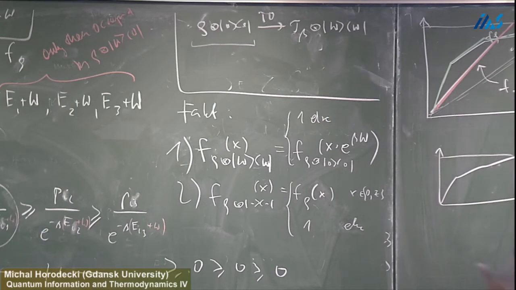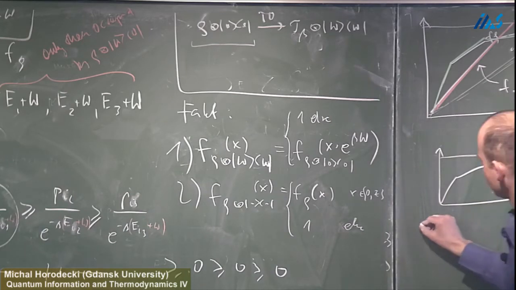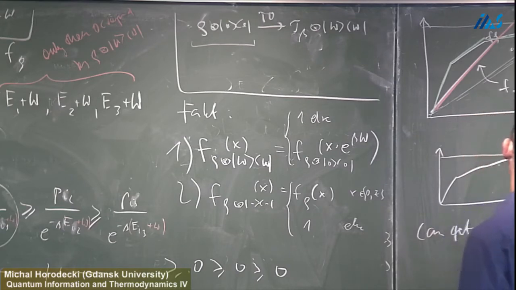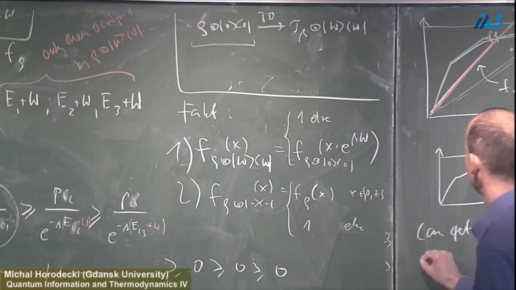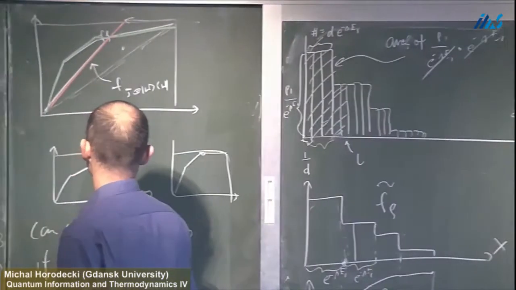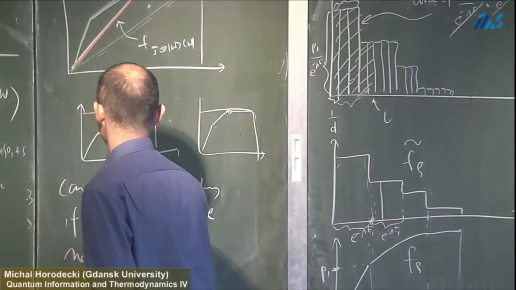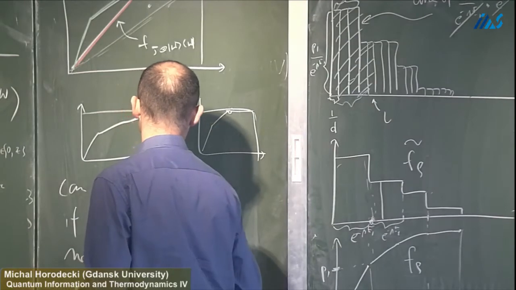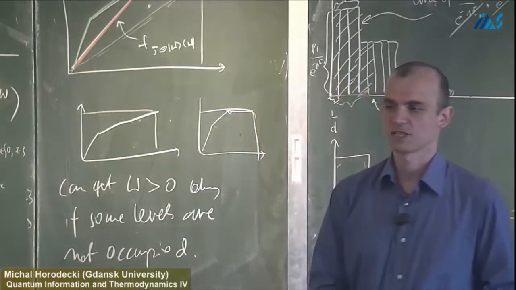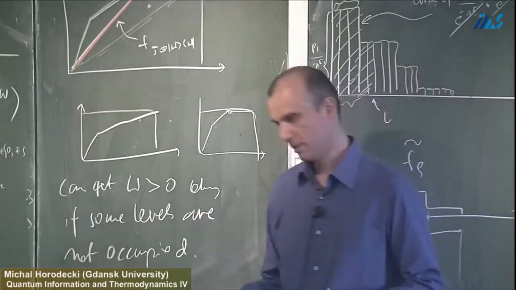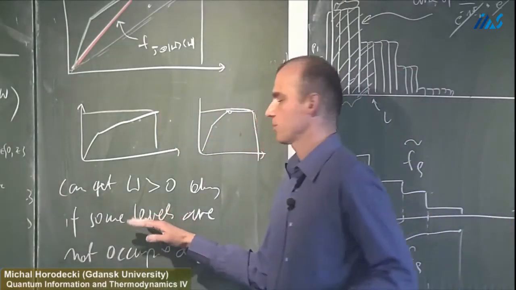That means that I can get work, so that's the first moral, only if some levels are not occupied. Then you say, okay, in physics it never happens, in reality it never happens. So what you do is smooth it.